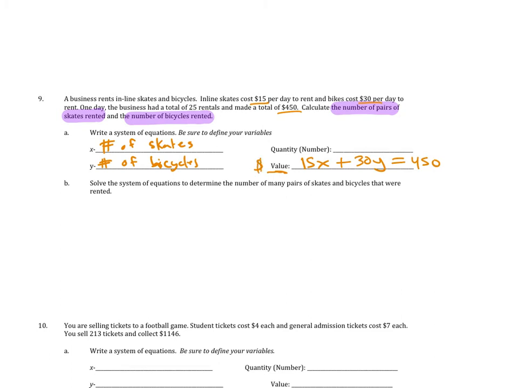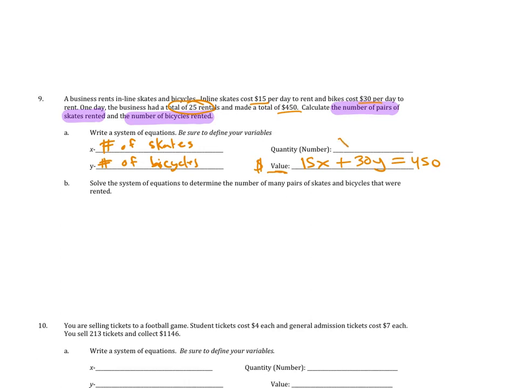And then a second equation I can write just comes from the total number, that total of 25 rentals. This is the one that people forget about, but it's actually the real easy equation, because if I have some amount of skates and some amount of bikes that I sold, then my total amount is just the skates plus the bikes.